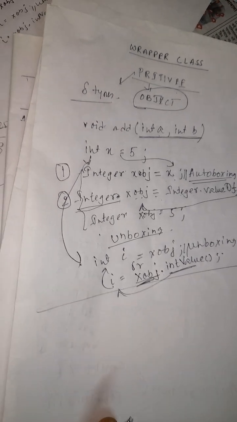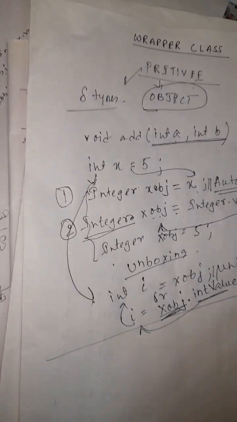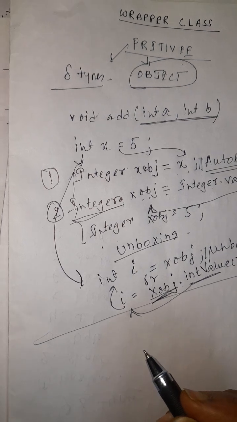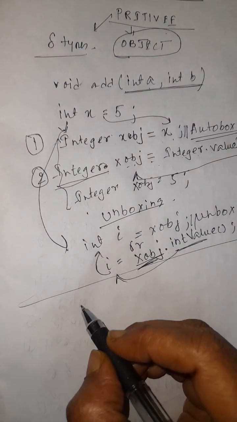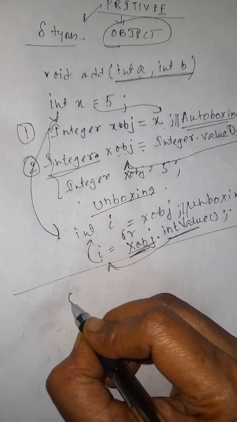There are a lot of utilities. Basically, one utility is that you can call any type of function when you have an object.